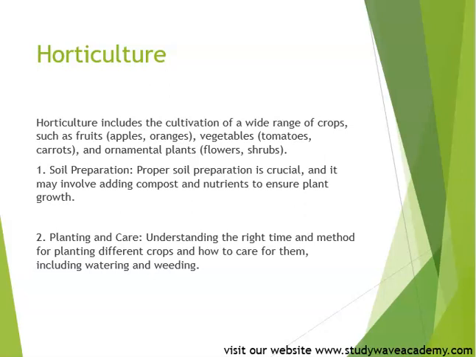Proper soil preparation is crucial, and it may involve adding compost and nutrients to ensure plant growth. Planting and care. Understanding the right time and method for planting different crops and how to care for them, including watering and weeding.